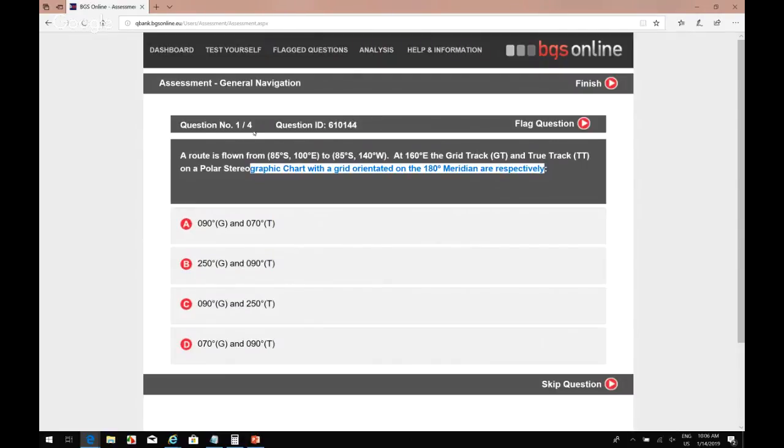So it's going to be, true track is going to be 90, isn't it? But the grid track, if it's on the 180 meridian, okay, then that's upside down. Yeah, 70.